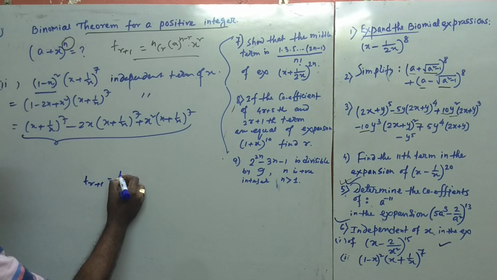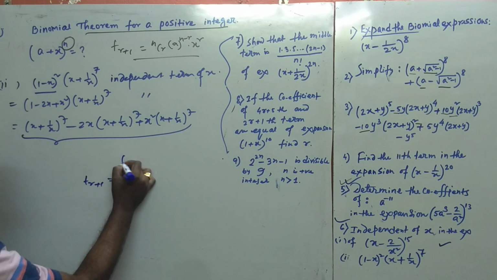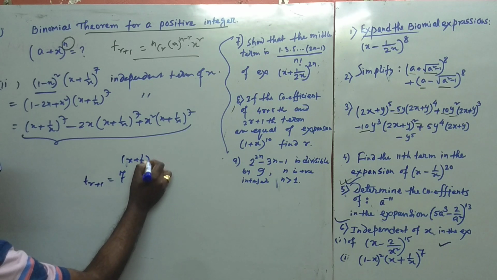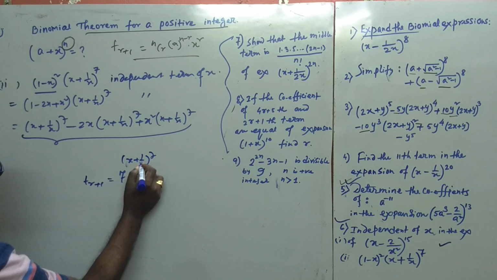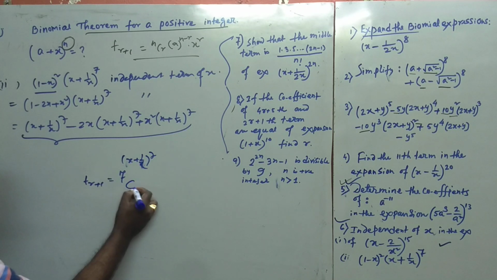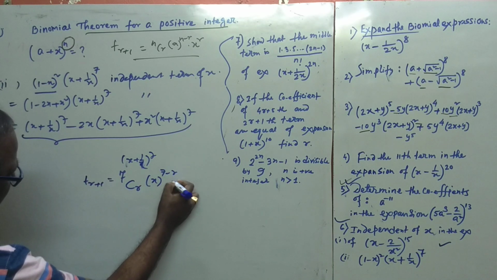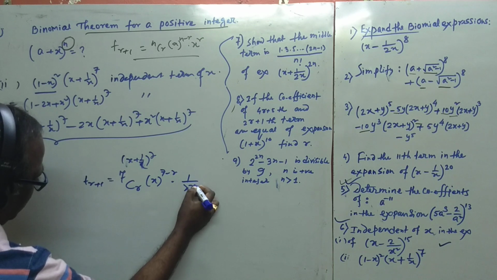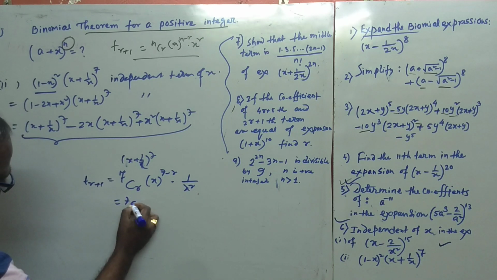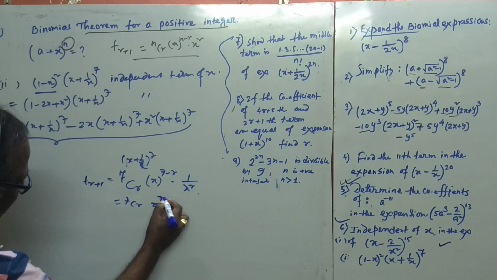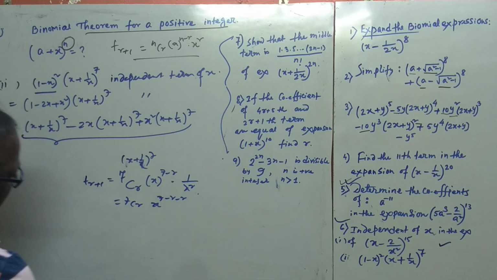This is here 7Cr for x plus 1 by x whole to the power 7, okay? 7Cr, x to the power 7 minus r and 1 by x to the power r, okay? 7Cr, x to the power 7 minus r and minus r, okay?